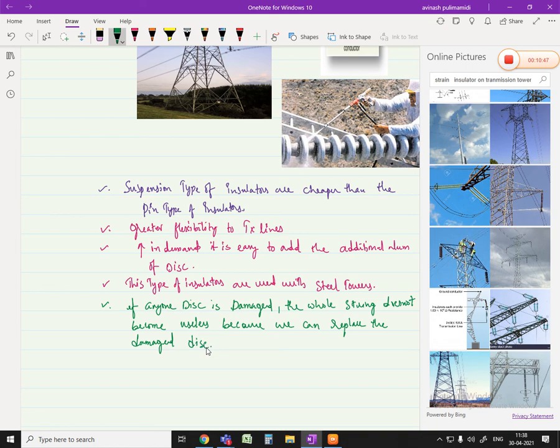Okay, so this is one of the most important added advantages of the suspension type of insulators. I hope these points are enough for this.